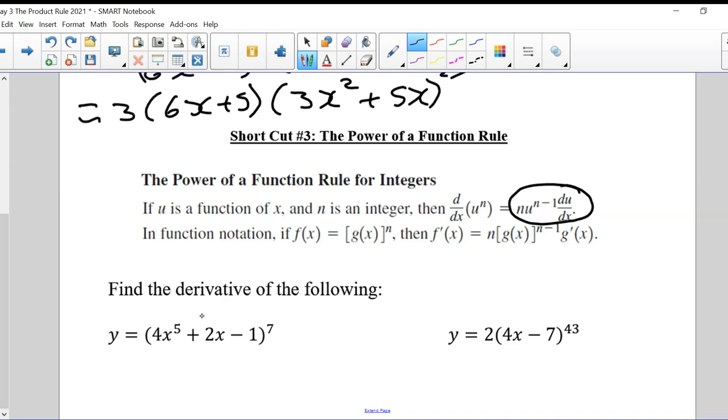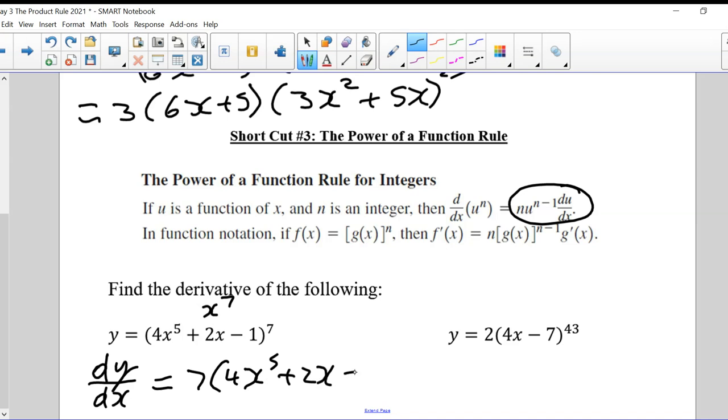So I'm going to take this thing inside here as if this was just simply x to the power of 7. So that would mean that the dy dx would be equal to 7 times all of this thing here, 4x5. So this is the underived. I'm not deriving the inside at all. It's just 7 times 4x5 plus 2x minus 1 to the power of 6.